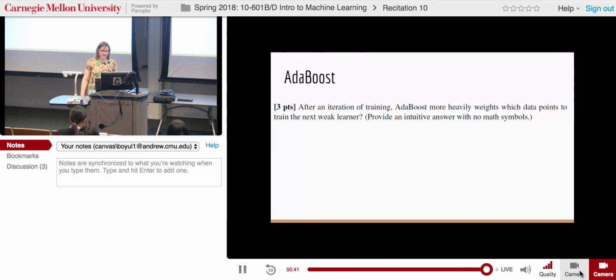When C is large, it will really pay attention to misclassified points, and so it will try to classify as many points correctly as possible. So any questions about that intuition?